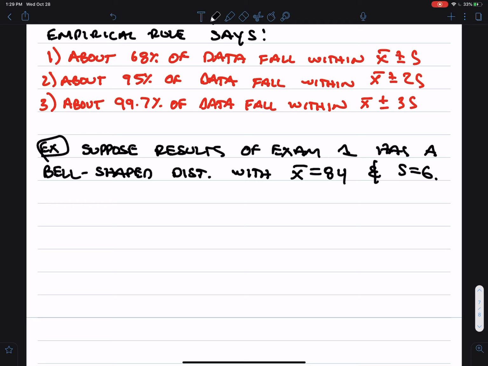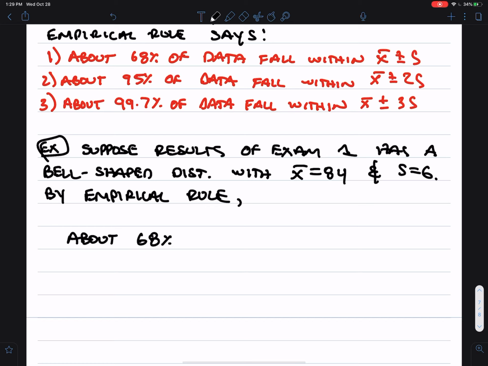Now by the empirical rule, it would say that about 68% of scores fall within x bar plus or minus s.